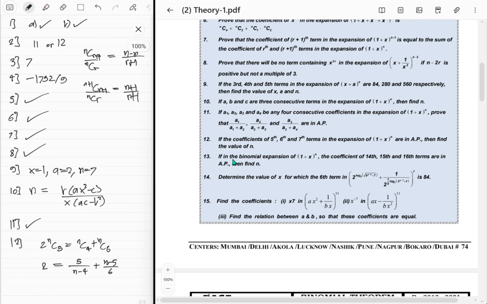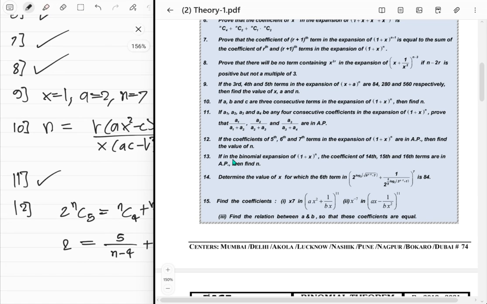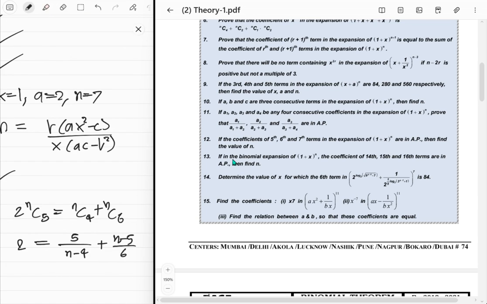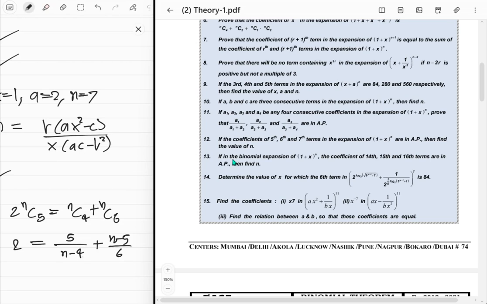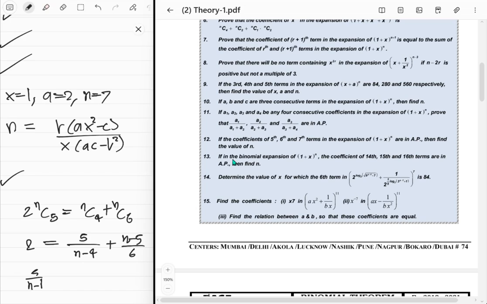Anyway, just cross multiply and get the thing done. So 5 upon N minus 4 is equal to 2 minus this. So 12 minus that guy, it's going to be 17. But in fact, let's just pull this 2 right here.